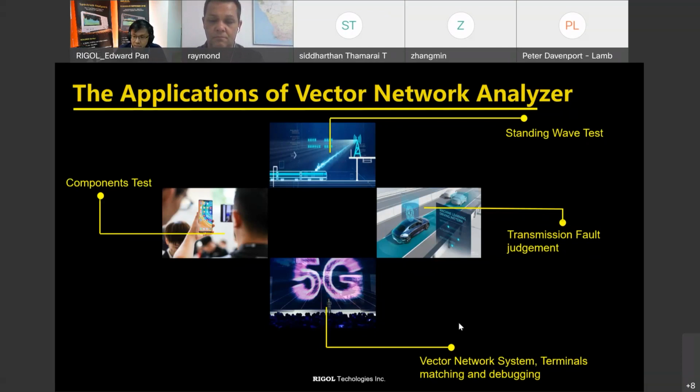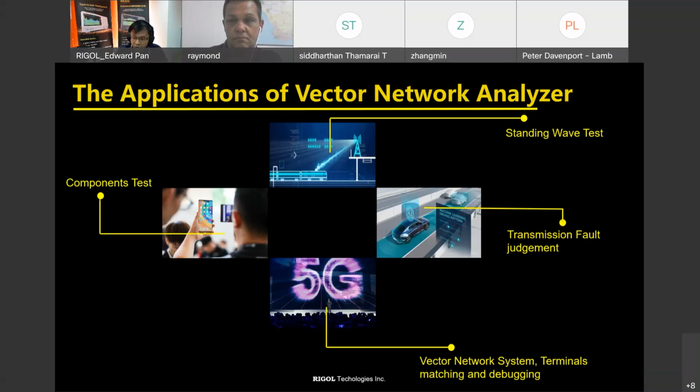The final one is the transmission fault judgment, because if you have a passive network system, you need to verify where the fault point is.